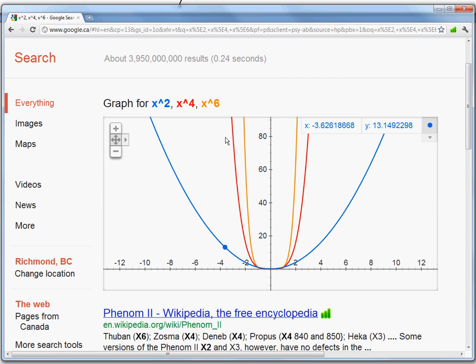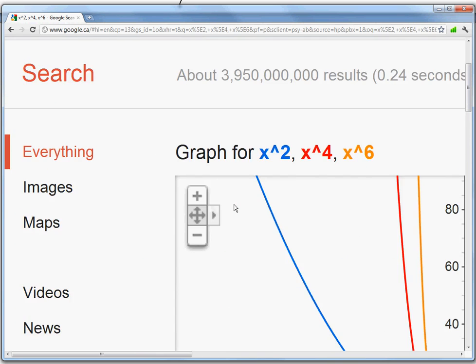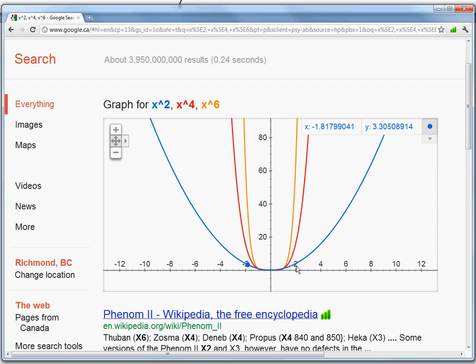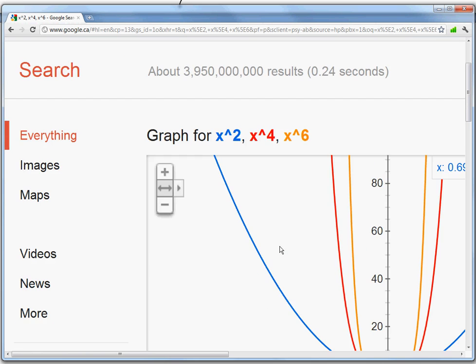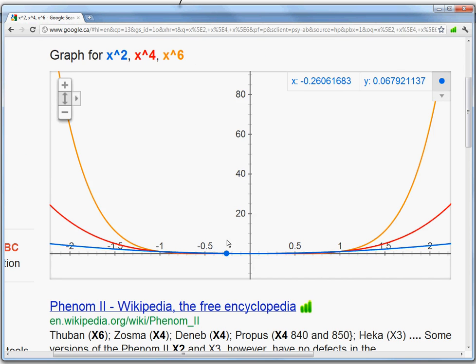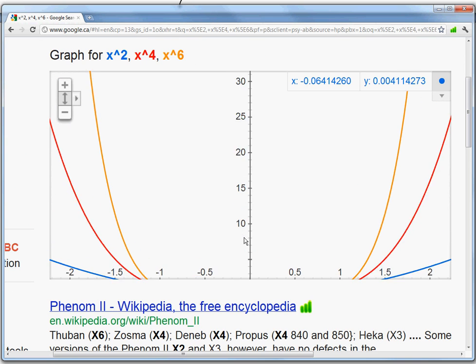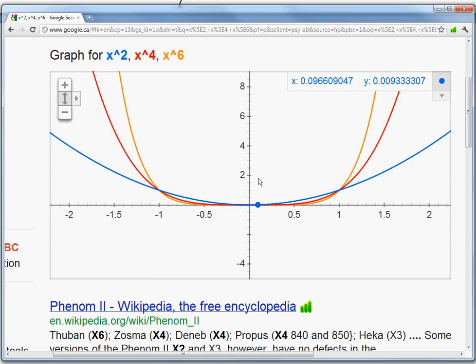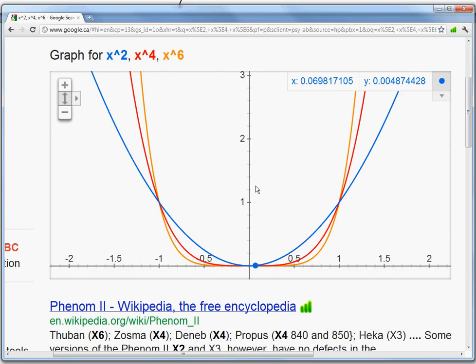They're all like a parabola, but as you can see, this is the x squared. When it's less than 1, I'll zoom in a bit more, just horizontally, and drag it up here, zooming in to get to the ones.